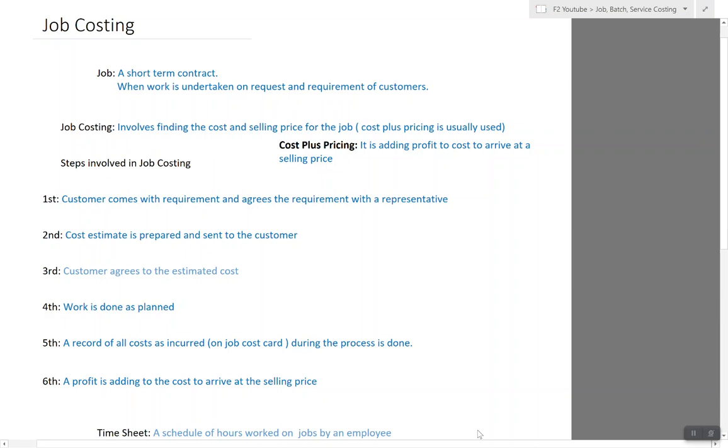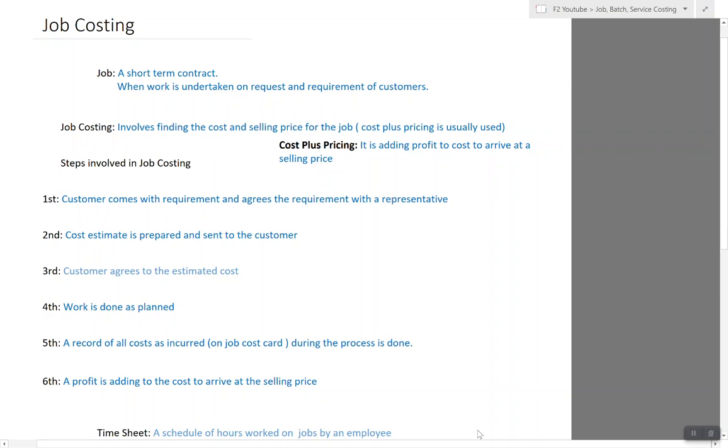So an estimate of the cost is prepared and sent to the customer, and then in the next step customer agrees. Customer agrees means after obviously a lot of discussion, and then work is carried out as planned.